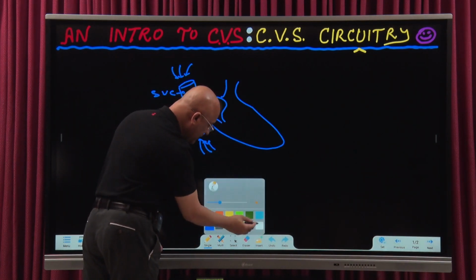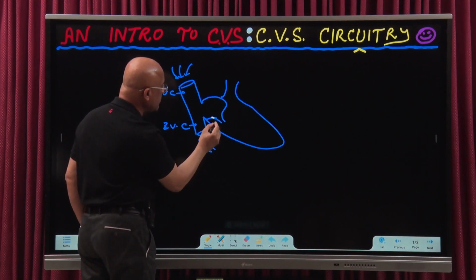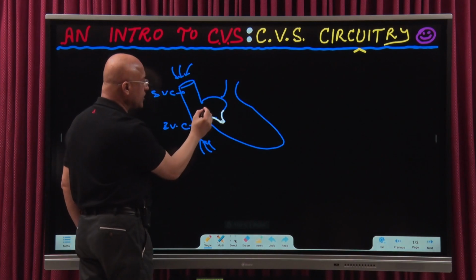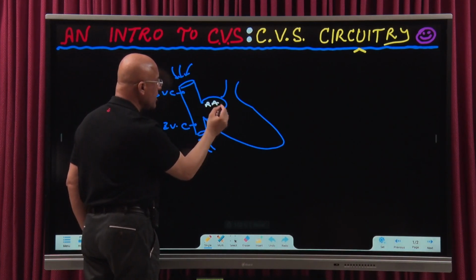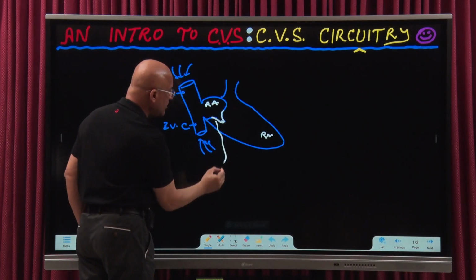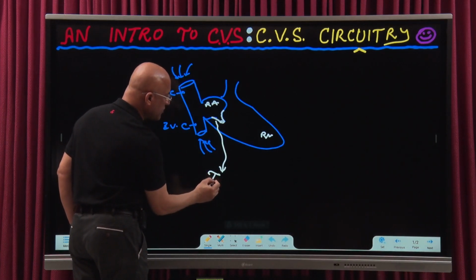So, let me draw these things. This is a valve, and this valve is between the right atrium and right ventricle, and this valve is called the tricuspid valve.